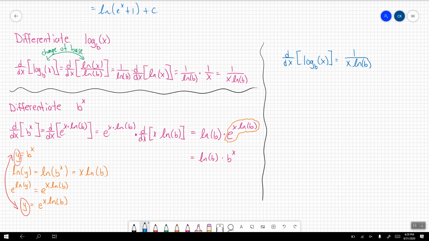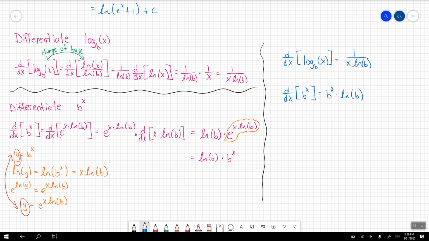What does it mean when we then take a derivative with respect to x for b to the power of x, where b is any base other than e, because e would be a nice one. So this derivative then gets us b to the power of x multiplied by the natural log of b.